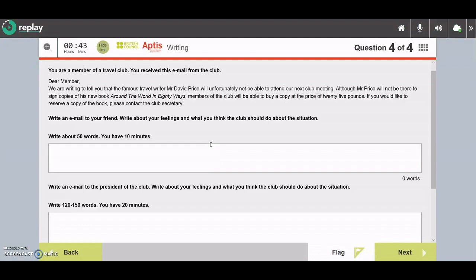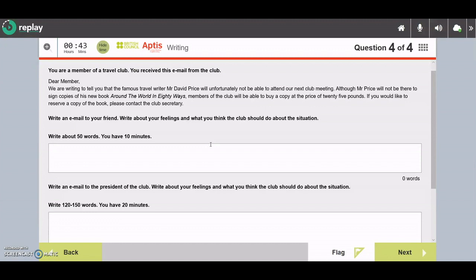All right. Now, in the first email, the short one for just 50 words, you can use informal language. It is certainly not necessary for you to write formal language because you're writing to a friend. So it is someone you are familiar with and comfortable with. So casual language is perfectly acceptable. It also means you can use contractions. You could use some slang, at least English-related slang to some degree.